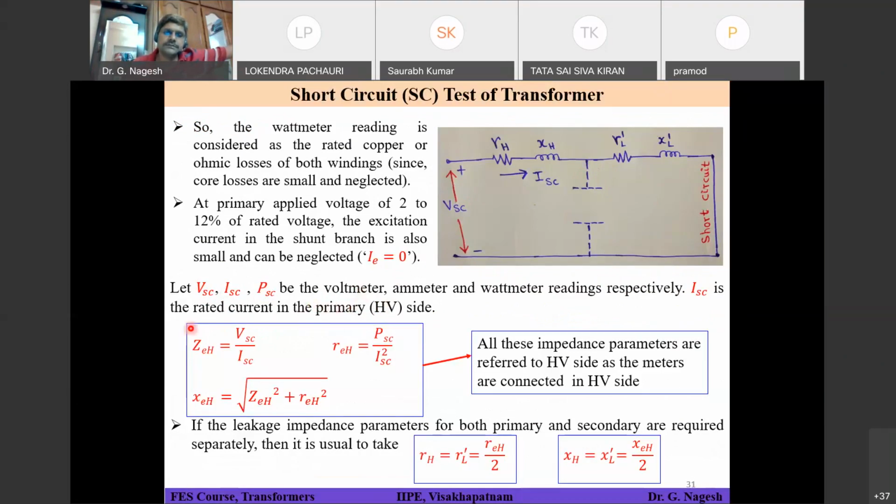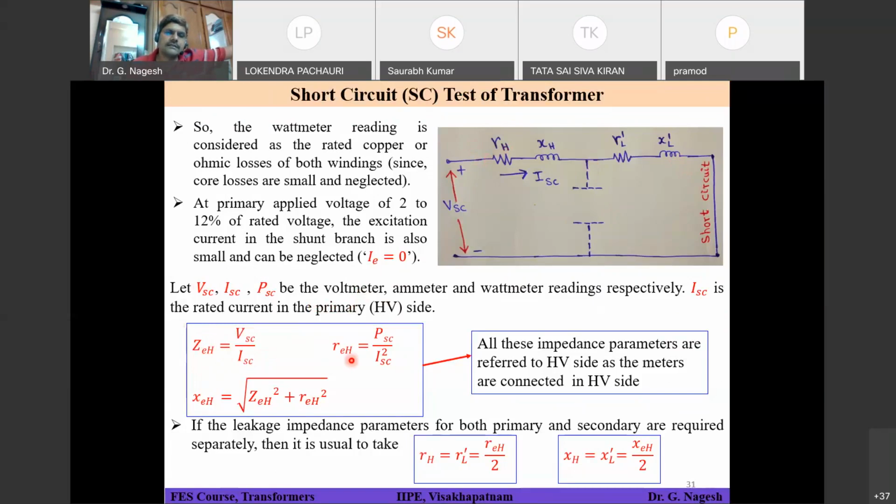So what will be the impedance? That is V by I. V you already know from the instrument, and I also you know from the instrument. So ZEH gives you the total equivalent impedance, the complete circuit impedance of both primary and secondary. ZEH is VSC divided by ISC.